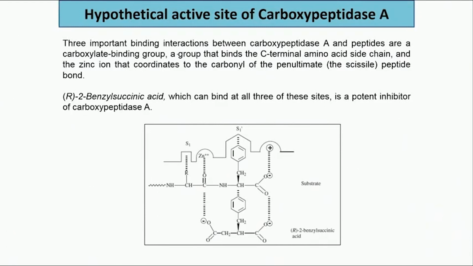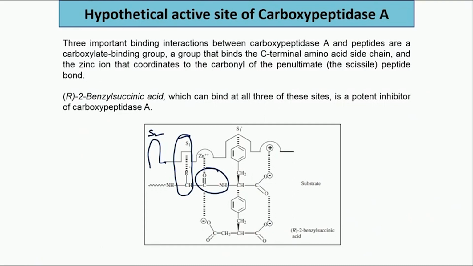Yes. See here the peptide bond that is hydrolyzed is this one. Okay. This is called the S1 pocket. So, in the S1 pocket what you have is phenylalanine or tyrosine, the aromatic amino acid. So, if there is another one here, that will be S2 pocket.